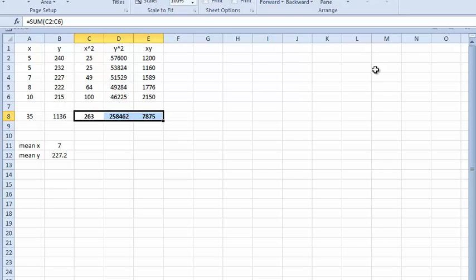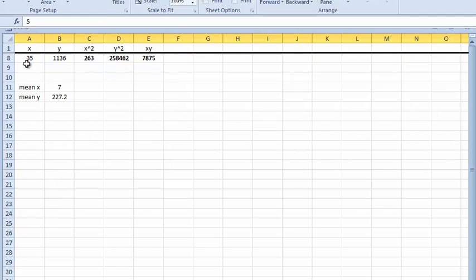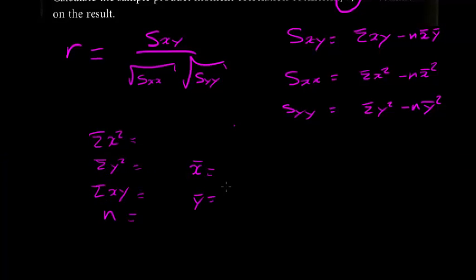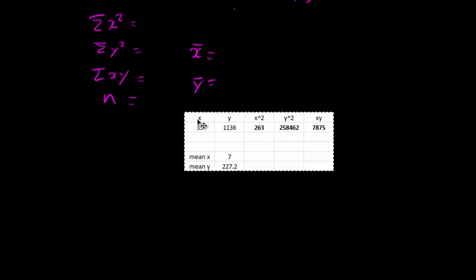So what I'm going to do is substitute those into my nice little formula. So can I just copy and paste these? Let's just hide the table and see if I can copy and paste this into my program. Look at that. Oh, modern technology, eh? So that gives me sigma x squared being 263, sigma y squared, so that's 258462.